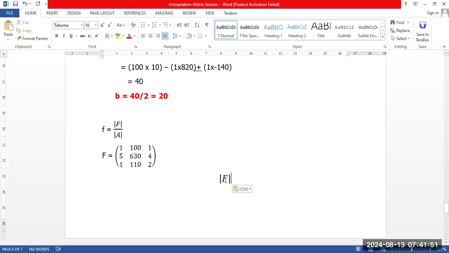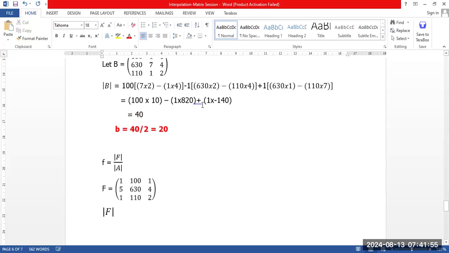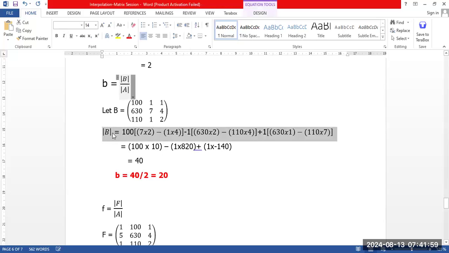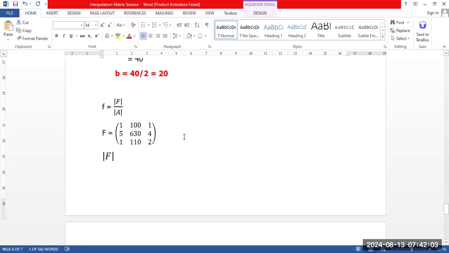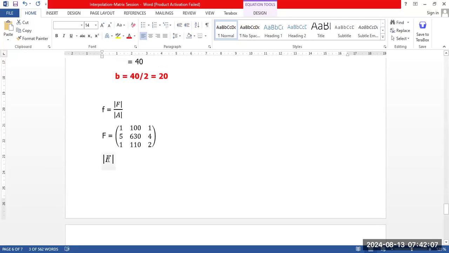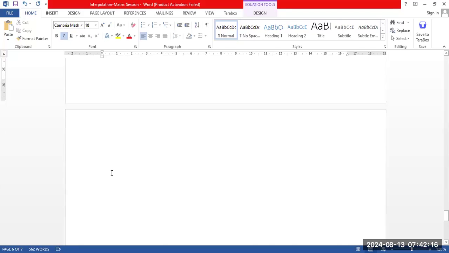You use the same steps we used before to get the determinant of F. Then you realize that after doing that, determinant of F divided by determinant of A gives you the same value.